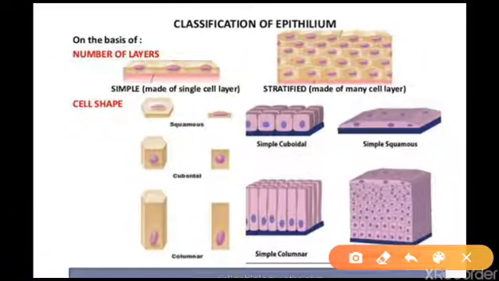The main function of the epithelial tissue is to protect the outer layer of the skin and underlying cells from injury or from microorganisms. It also helps in absorption of water and nutrients, as we will see with the ciliated and columnar cells.